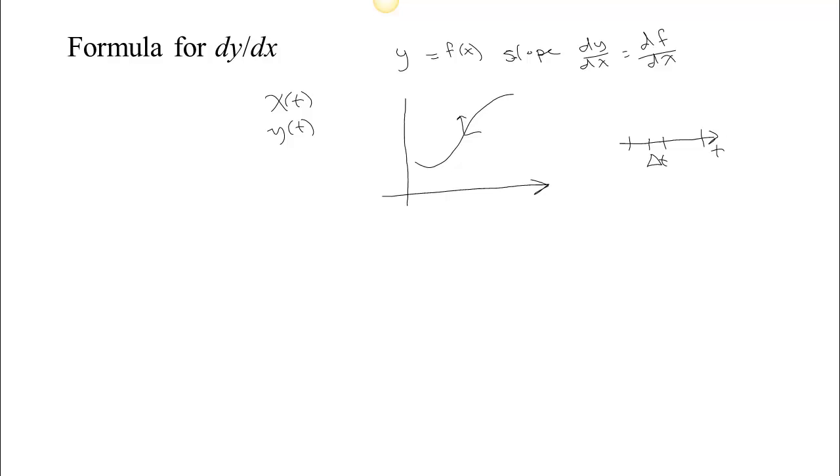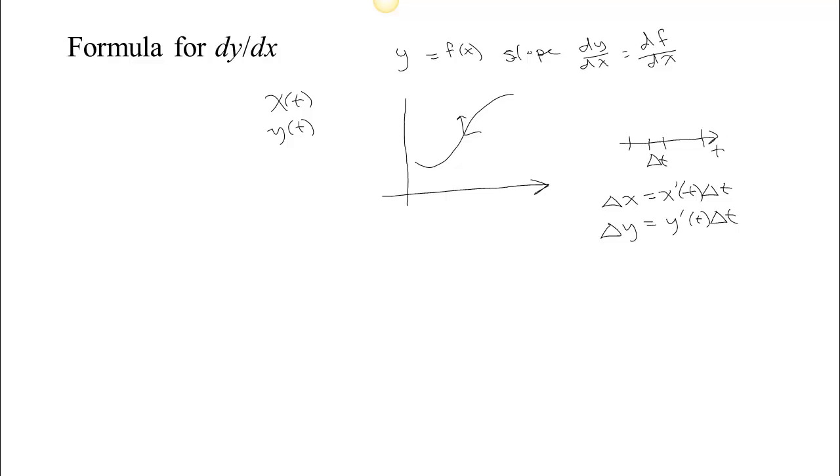So from differentials, if we want to figure out how much x changes, we should take the derivative of the parametric equation for x with respect to time and multiply by how much time elapses. If we want to know how much y changes, then we should take the derivative of the y function with respect to t and then multiply by the change in t.